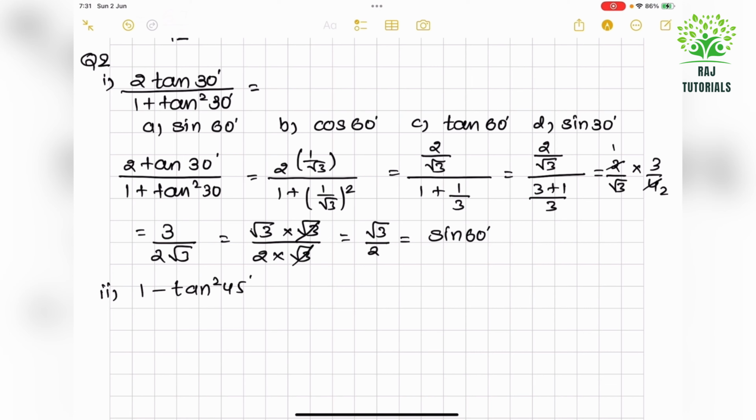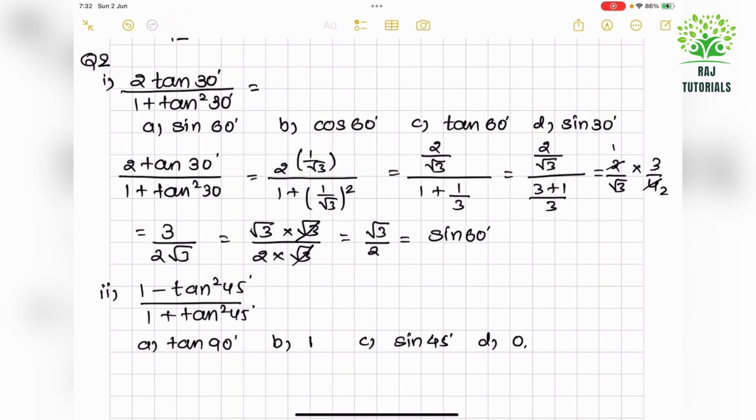1 minus tan square 45 degree upon 1 plus tan square 45 degree. So here the options given to me are A 90, B is 1, C is sine 45 and D is 0.